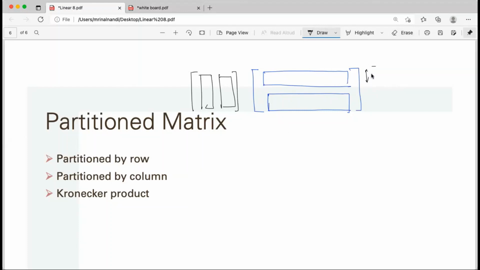If it is n1, n2, you'll get n1, n2 here. Now you can easily see that this matrix is involved with this partition, and this part is involved with this part.